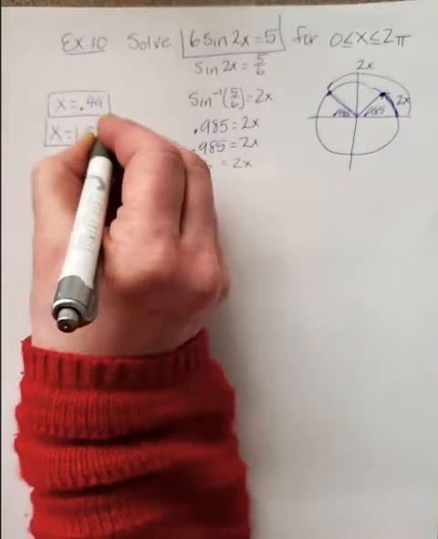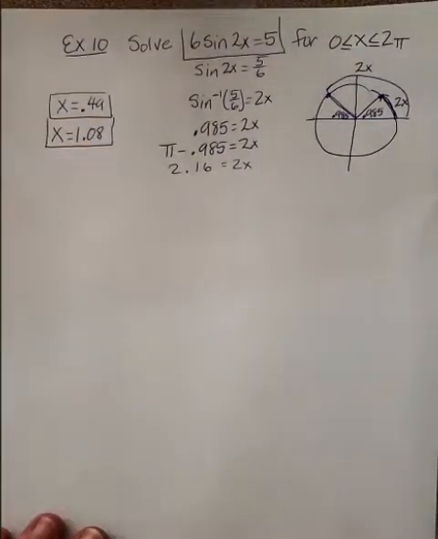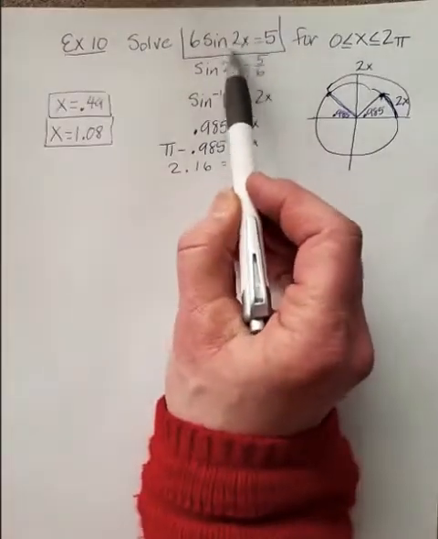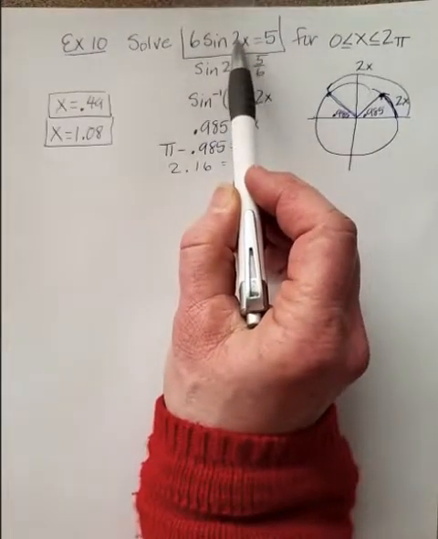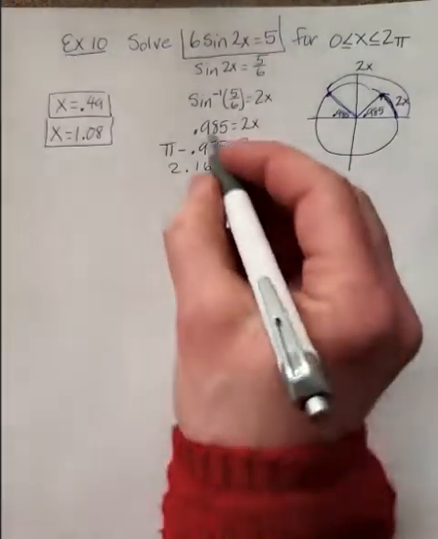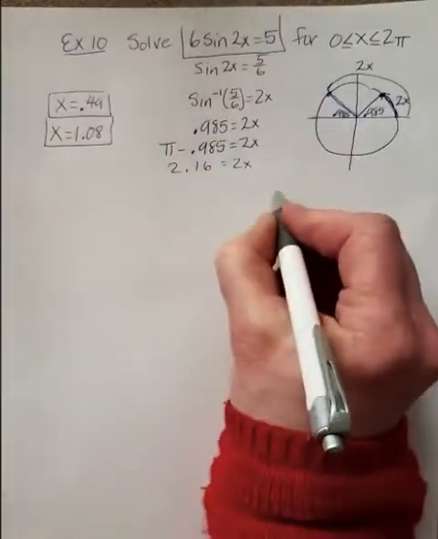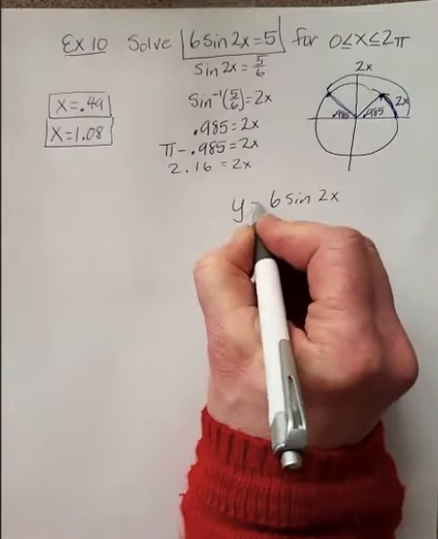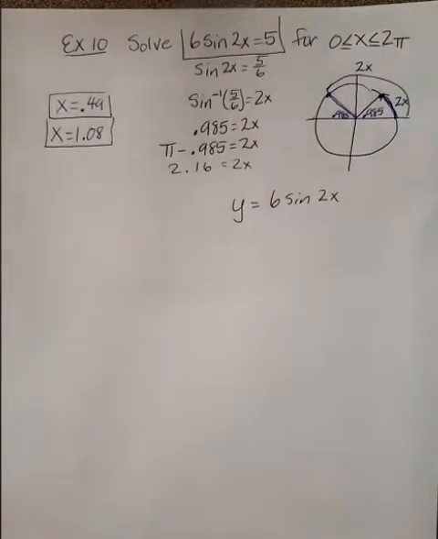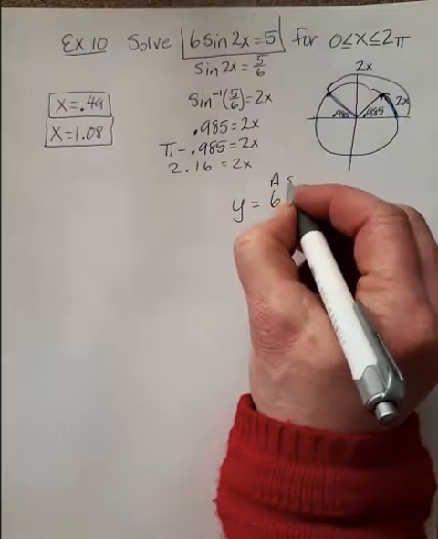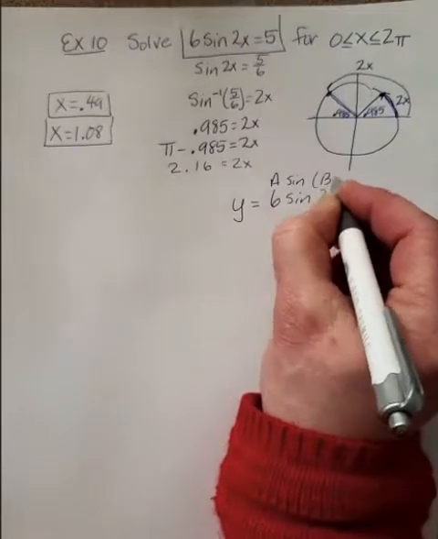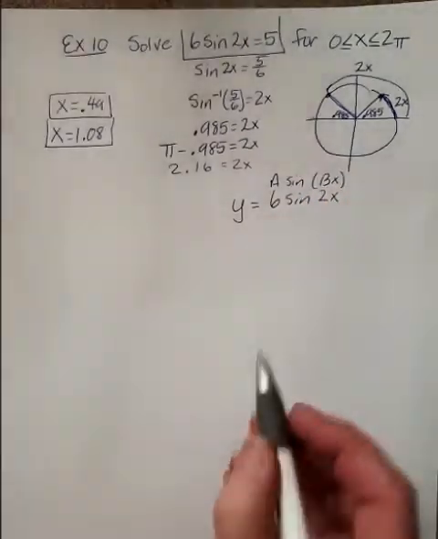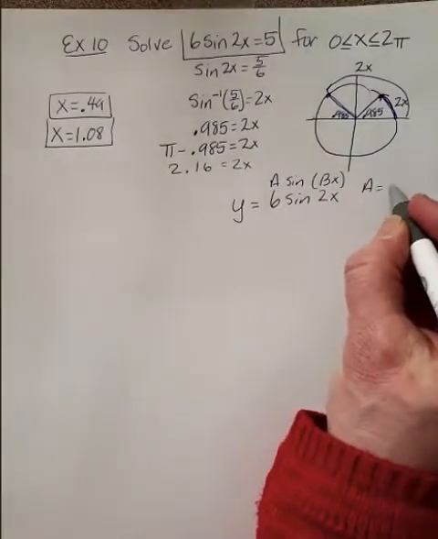I'm going to show you why there's actually 4 solutions. There's 4 solutions because the period is not 2 pi. The period is actually pi. Remember that 6 times sine of 2x, if I were to graph the equation y equals 6 times the sine of 2x, this is a times sine bx. A is 6.